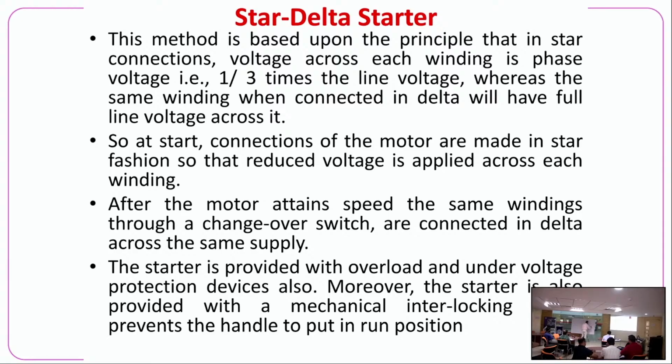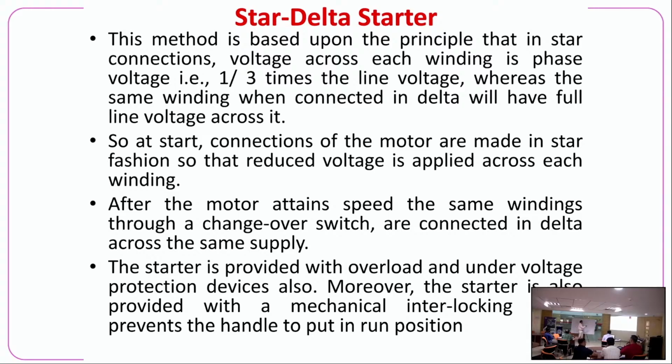Starting current is voltage by impedance, so it will be 1 by root 3 times the normal current, because voltage becomes 1 by root 3 times, current becomes 1 by root 3 times. But in delta connection, what is the line current?